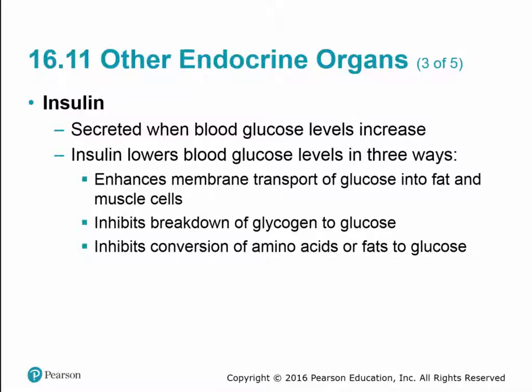We can inhibit the breakdown of glycogen to glucose. If we have enough sugar in the blood, we don't need to add any more, so we stop tapping into that glycogen and save it for later. Or we could inhibit the conversion of amino acids or fats to glucose. Either way, we're stopping production of new glucose and decreasing the amount of glucose we already have.